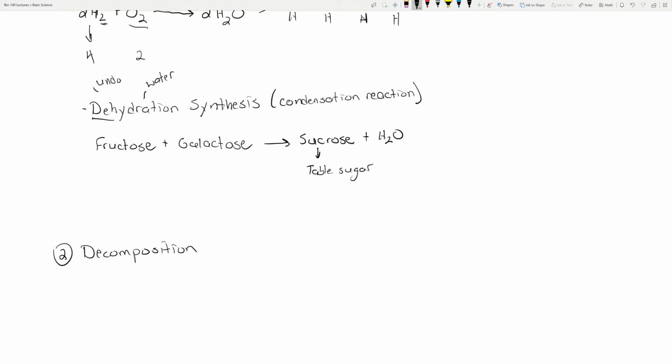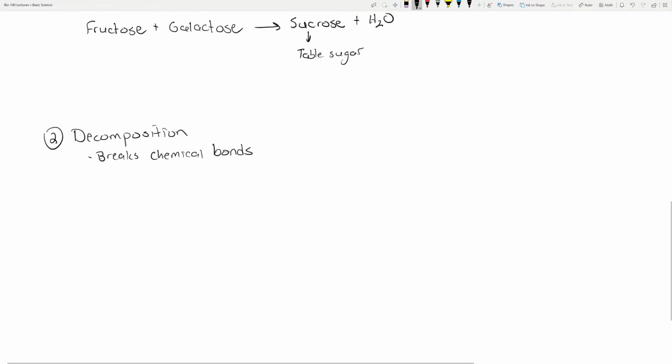The decomposition reaction. What this does is break chemical bonds, and that's its job. We're going to break down chemical bonds. A decomposition is basically the reverse of a synthesis reaction.